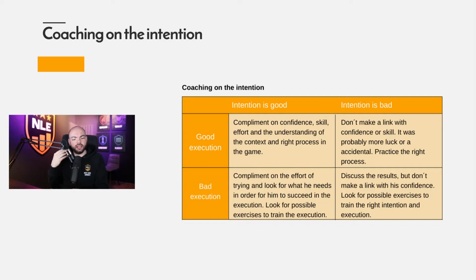You're thinking, I thought they understood it properly, but they're making the same mistake over and over again. That is obviously a cue for you as a coach to jump in, ask for their intentions and go deep into the process to get things right. So that is number 2.